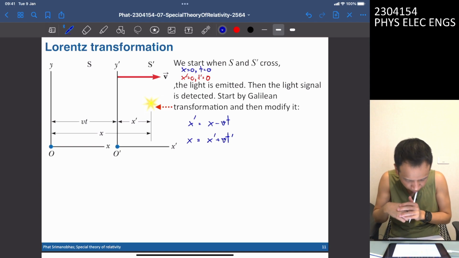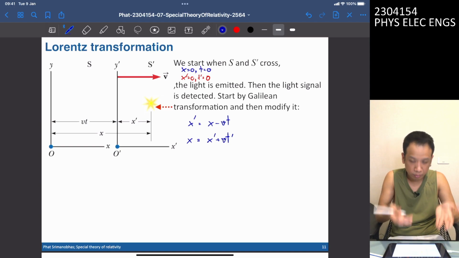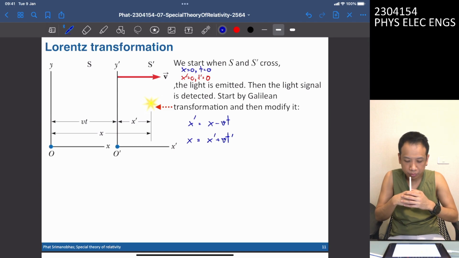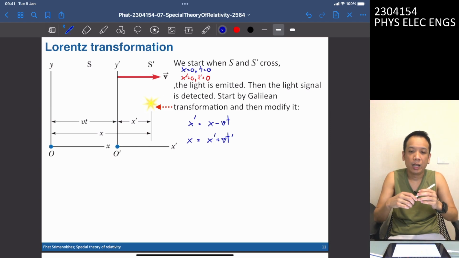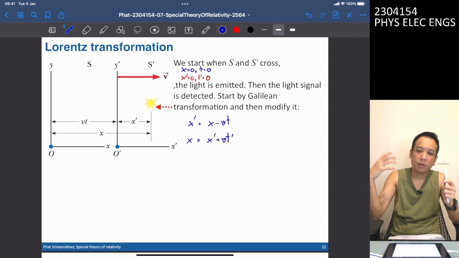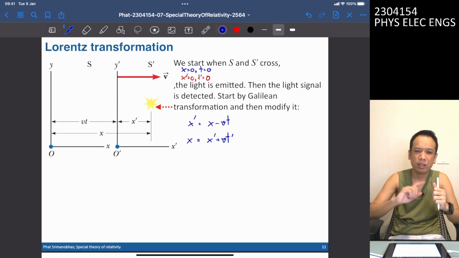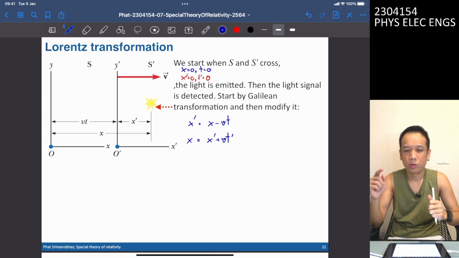Okay, then what we do from this is that the observer can also see differently. So when you try to measure something, like the speed of light, or the length, for example, one observer will say to another observer, no, you did it wrong.